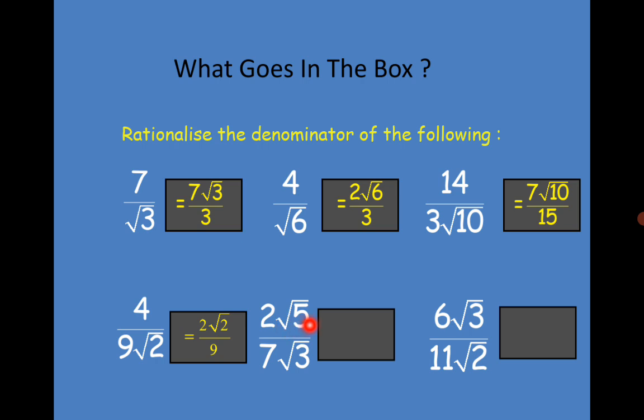And the 2 root 5 over 7 root 3 should give you 2 root 5 root 15 over 21. And 6 root 3 over 11 root 2 should give you 3 root 6 over 11.